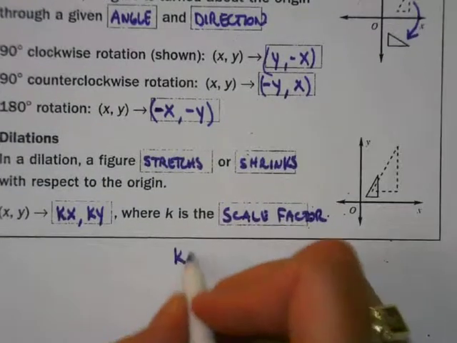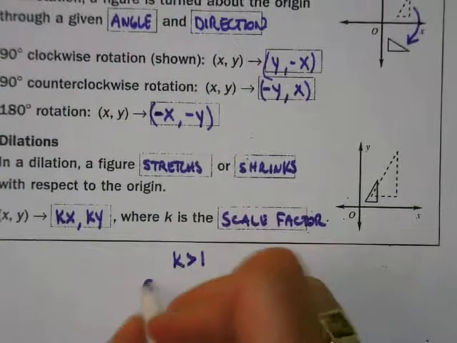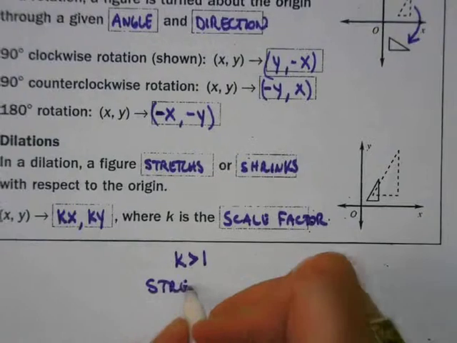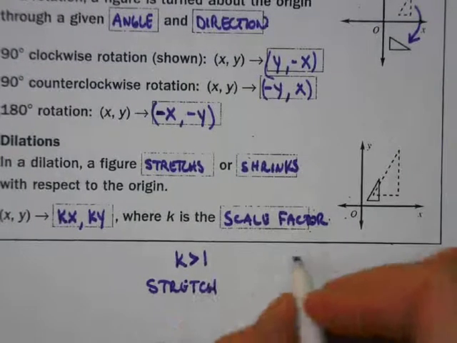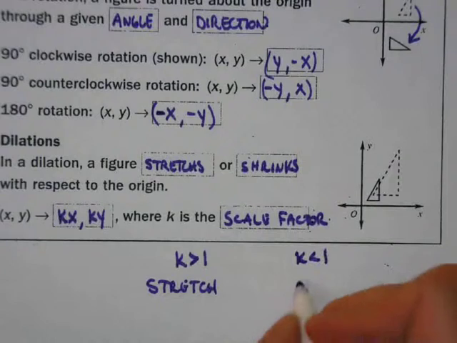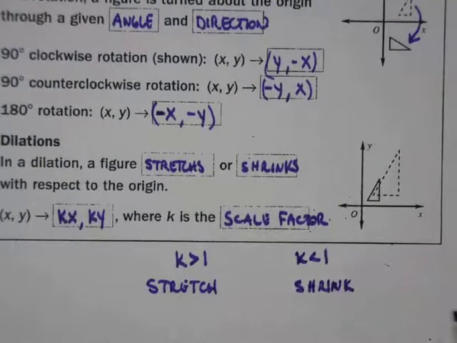And remember that if k was greater than 1, that was a stretch. The figure got bigger. If k is less than 1, that was a shrink. The figure got smaller. This is the end of the Chapter 13 lessons.